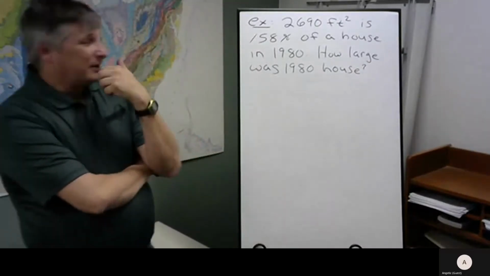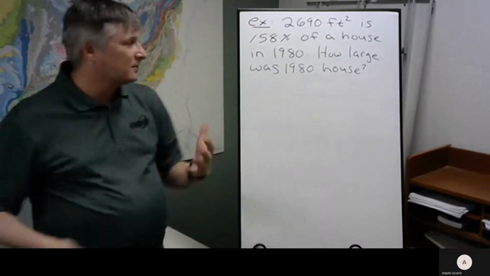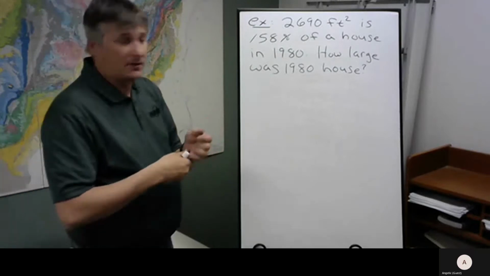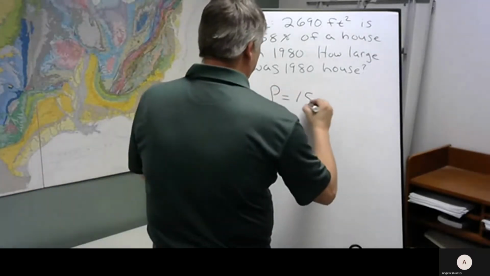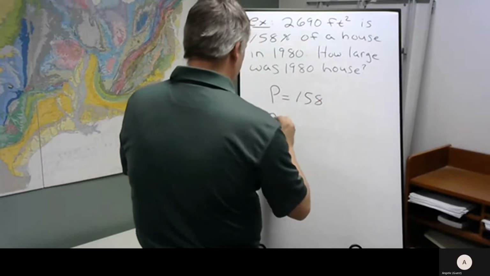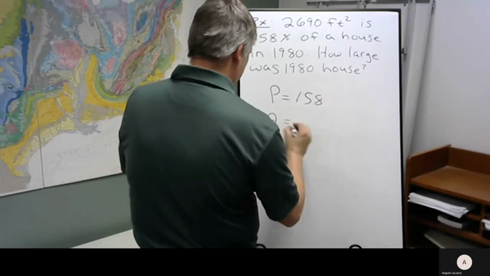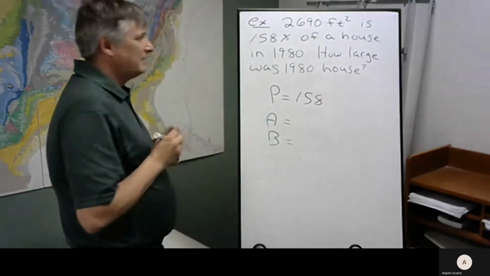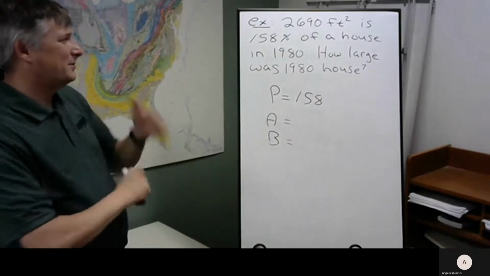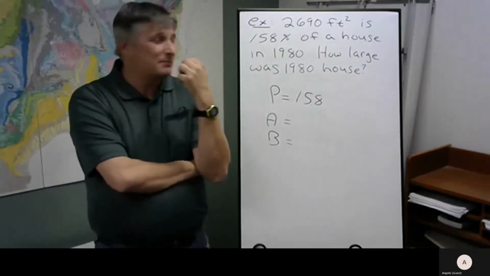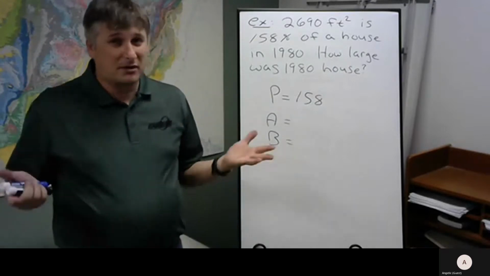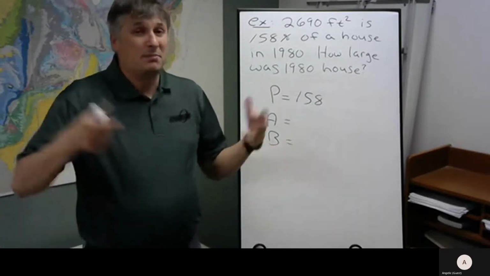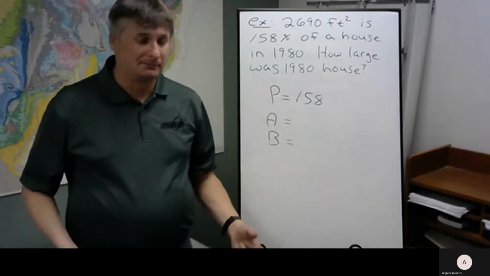So this one's kind of tricky. So for the percent, it leaps out at us. We've got a percent sign. So P is 158. Now, the tricky part is, and this is going to seem kind of odd because we're dealing with 158%. So this is a part, quote unquote, that's bigger than the whole.